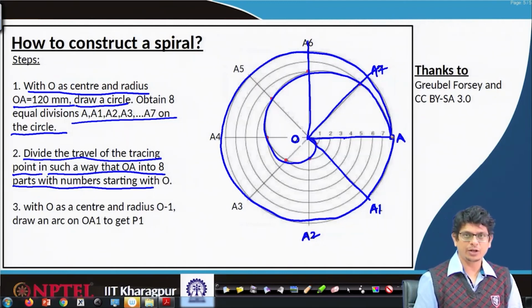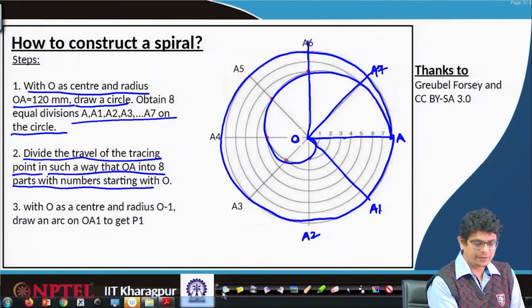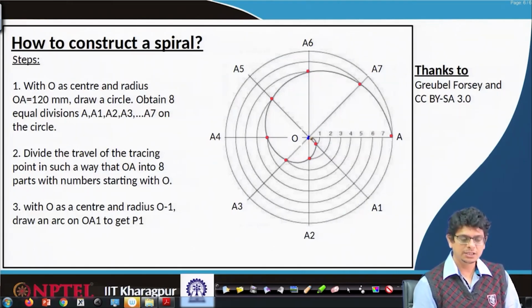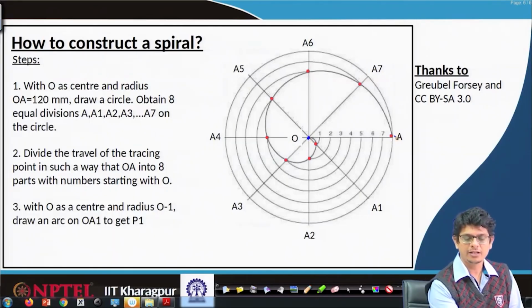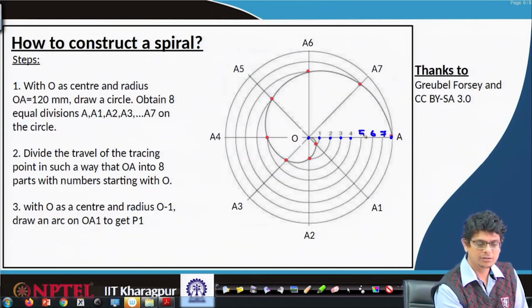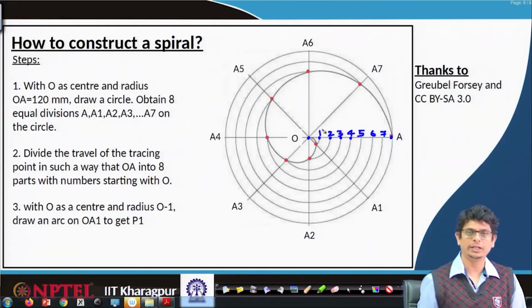In that case, what we are going to do is divide the radial distance, the path of this locus point, which moves all the way up to point A, into 8 equal points: 1, 2, 3, 4 and so on all the way, and name them.